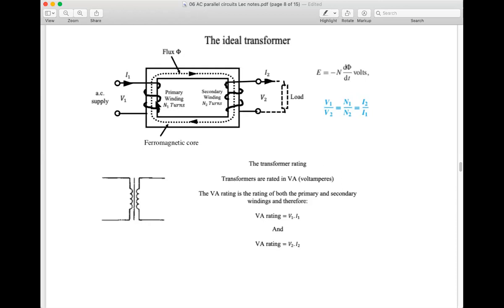If we reverse that and have 1 turn on the primary and 10 turns on the secondary, we could then step up from 10 volts to 100 volts.